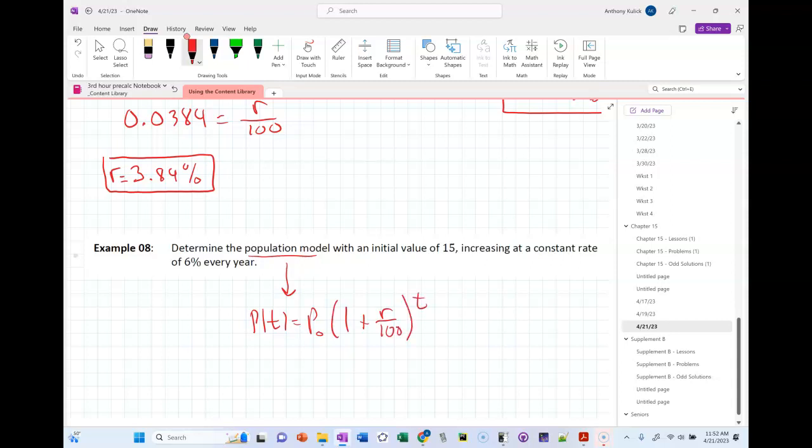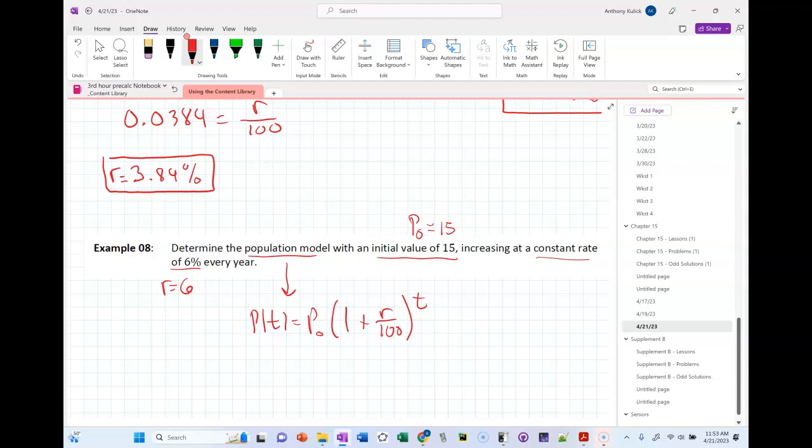I know we're writing something like that because it says population model with an initial value of 15. So that's P naught, and a constant rate of 6%. That tells me R is equal to 6.